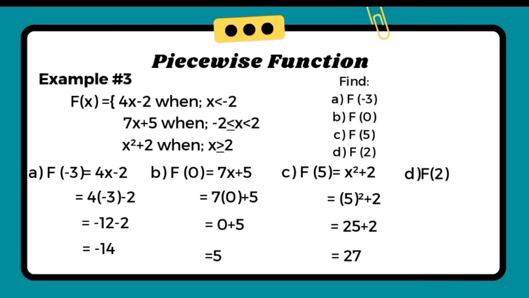Ilalagay lang po natin is x squared plus 2 kasi dyan po siya nabibilang. So, substitute lang uli natin yung x, ilalagay natin dyan yung 2. So, 2 raised to 2 plus 2. Pagta-times lang natin yung 2 sa ating exponent, which is 2 times 2, and answer is 4. And 4 plus 2 is equal to 6.